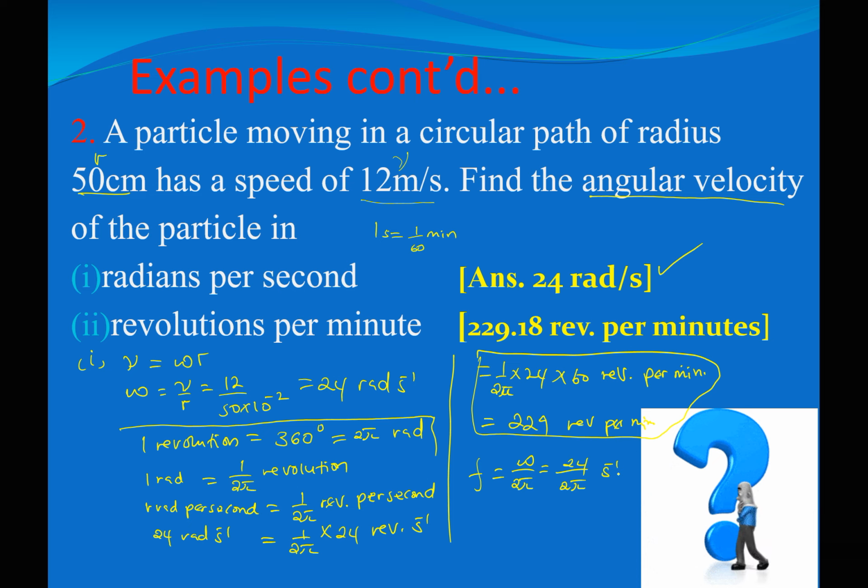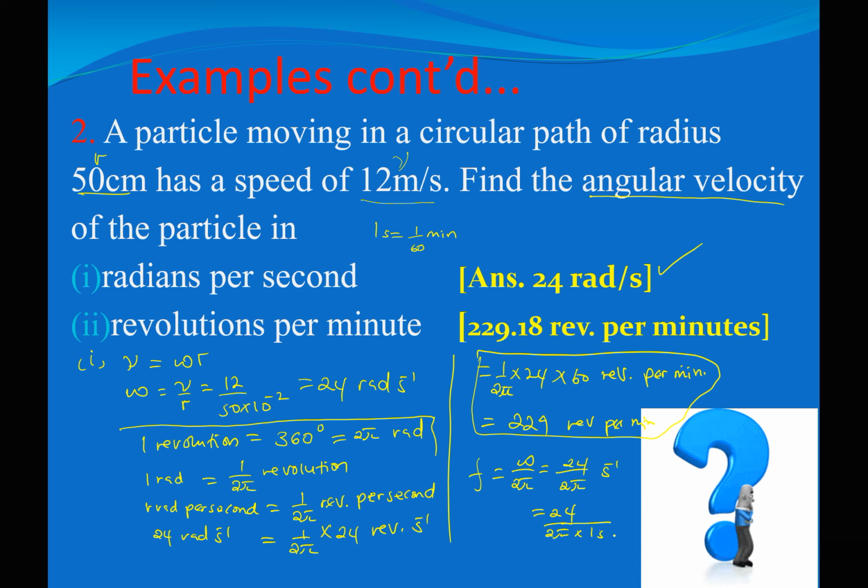The only thing this person will do is change it to per minute. So it is equal to 24 over 2 pi. Per second means divide by 1 second, and 1 second is the same as 1 over 60 minutes.